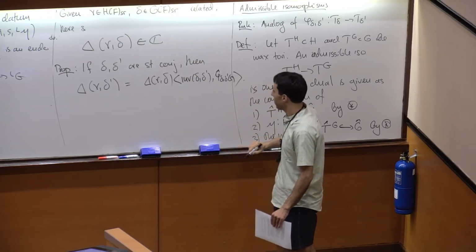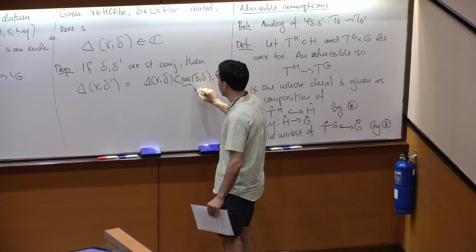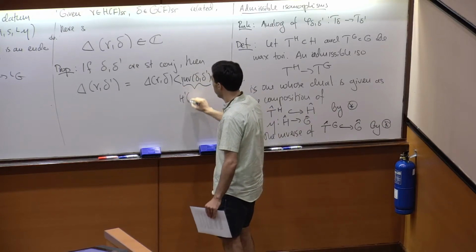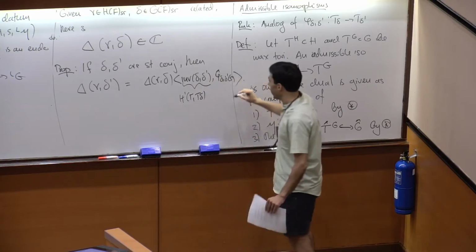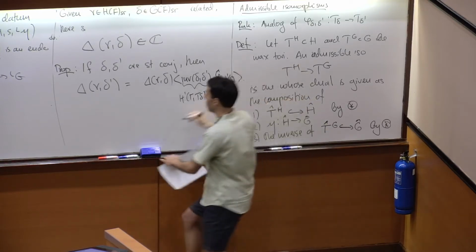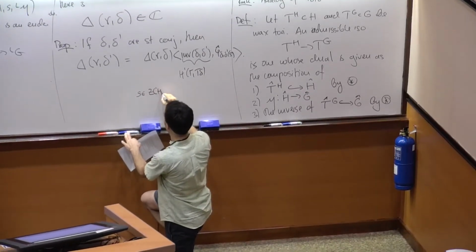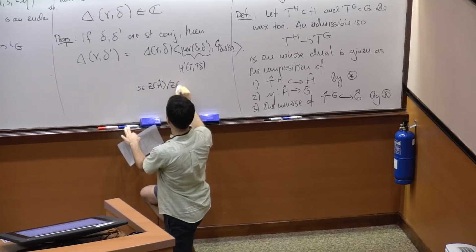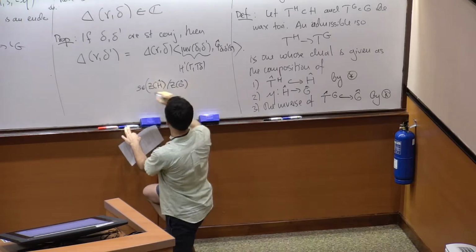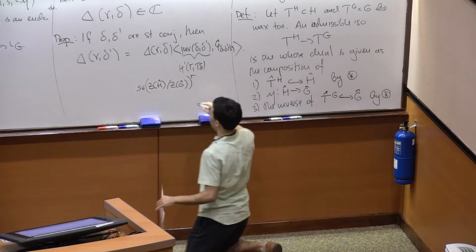So let me explain this briefly. Remember what this was? This was in H^1(F, T_delta). On the other hand, this S here, this element S, was an element in Z(H hat) mod Z(G hat), Gamma.